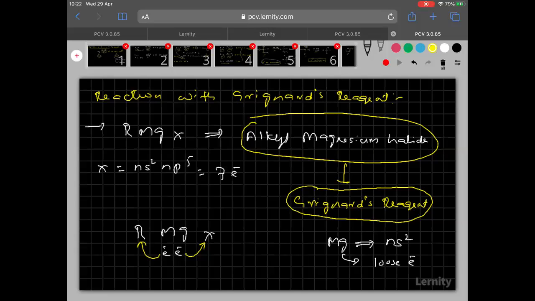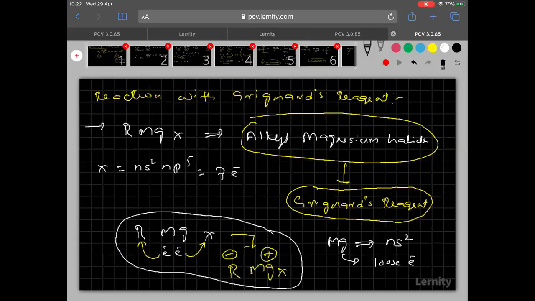That is the reason why, see clearly everyone now. In Grignard reagent, R will carry the negative charge and MgX will carry the positive charge. So this is the representation of the Grignard. Try to understand.